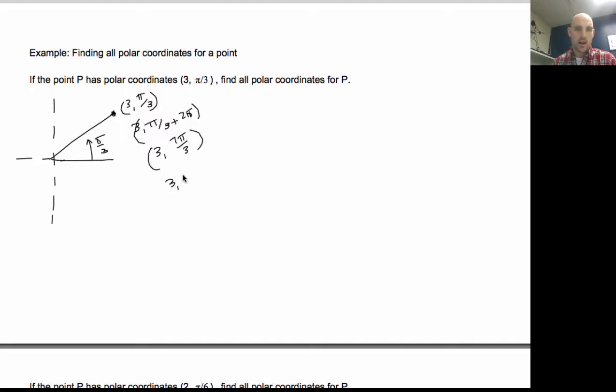So I'd have 3 comma pi over 3 plus 2 pi times n, meaning just a number of times around, right? Or think about it like this. If I am at pi over 3 here, and this is 3, right?